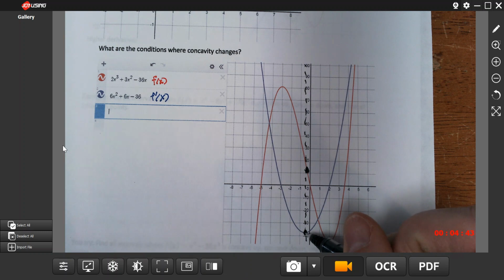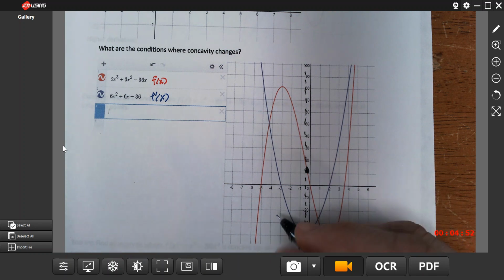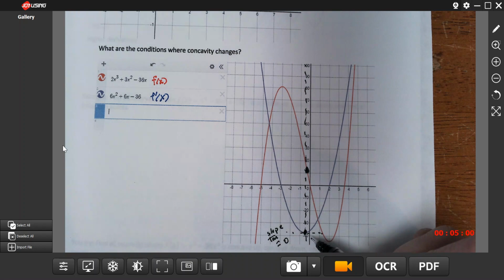So we remember that on a function, a maximum or a minimum occurs when the derivative is 0, or you can see that the slope of the tangent line is 0 there. So the slope of tangent is 0. The slope of the tangent line is the derivative, but we're looking at the derivative curve.